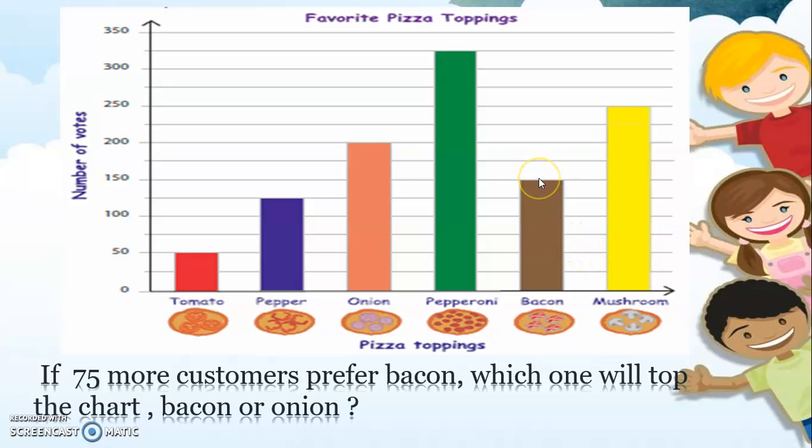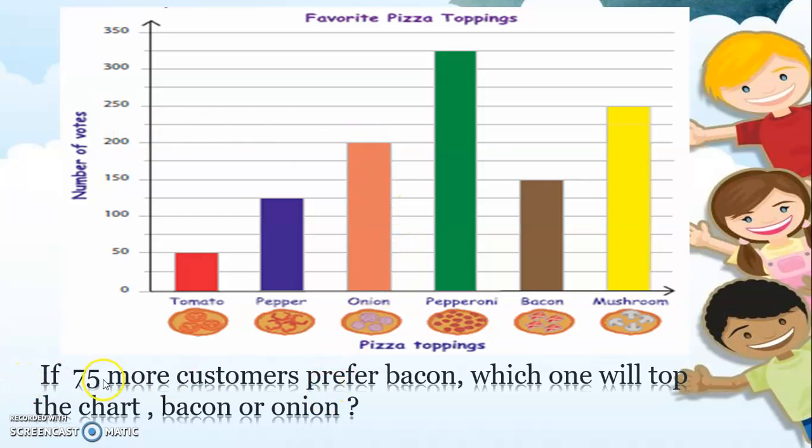We will add 75 more customers to the bacon. If I add 75, it means 3 lines because each line is 25 customers. So 25, 50, 75. So the bacon will be here. In this line it means 225, while the onion is exactly at 200.